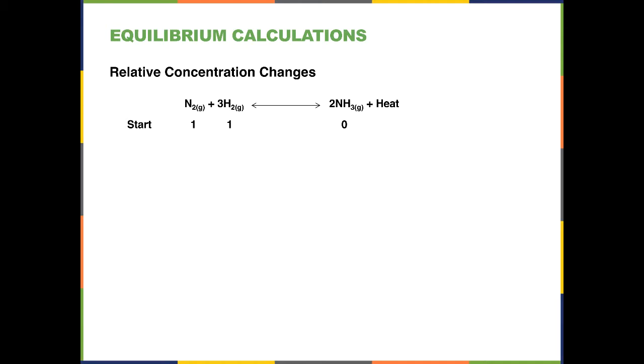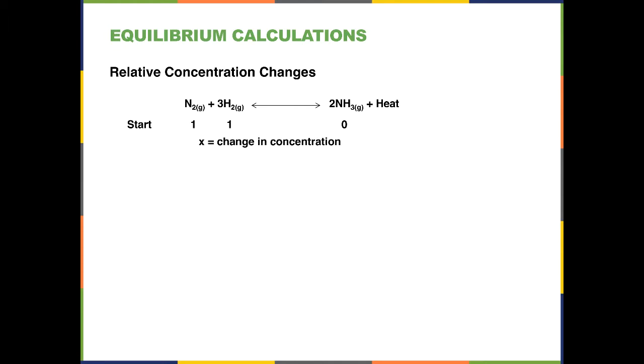Whatever they give you as the starting concentrations, you would write those down. These numbers can be anything that the problem gives. The problem could give you 0.5 for the two reactants and 0.25 for the products. It doesn't matter. What matters is that you write this down as the start of the reaction.